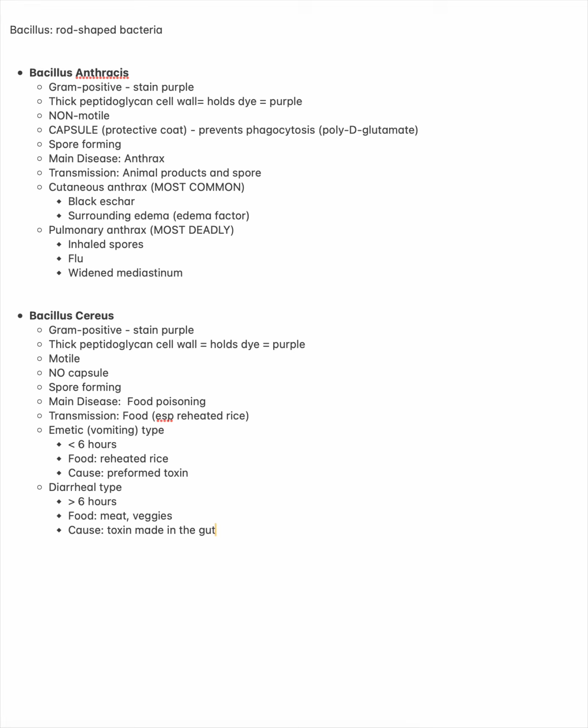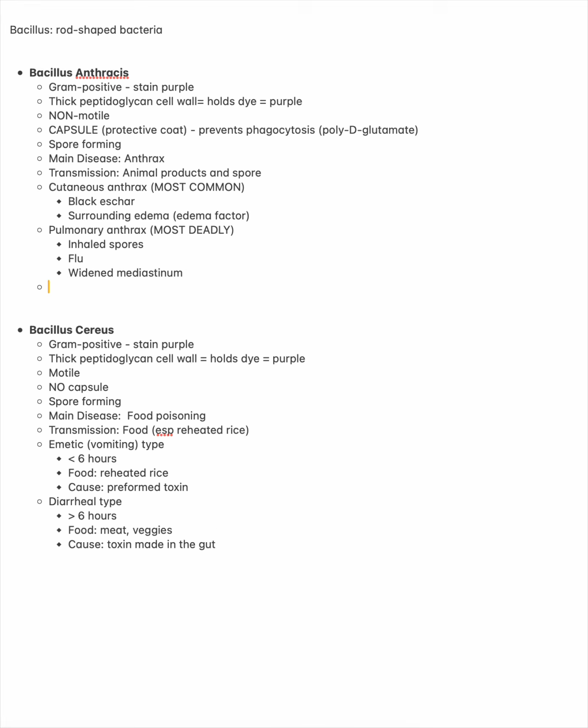One other thing I wanted to add for Bacillus anthracis is that there are some key toxins to know. The toxins are edema factor, which I mentioned before, and lethal factor. They also have an antigen called protective antigen, but these factors are what cause massive tissue damage.